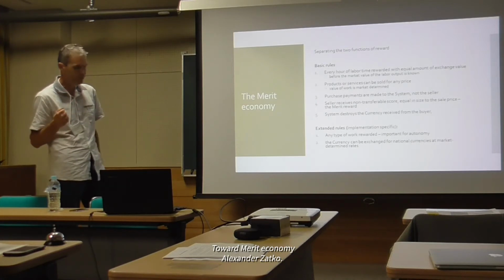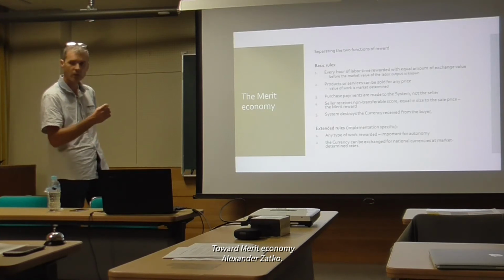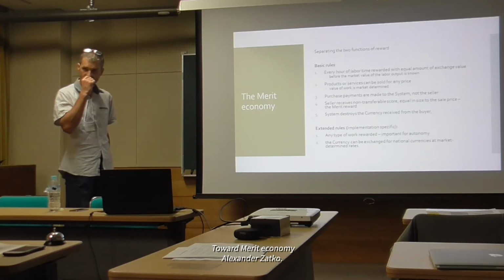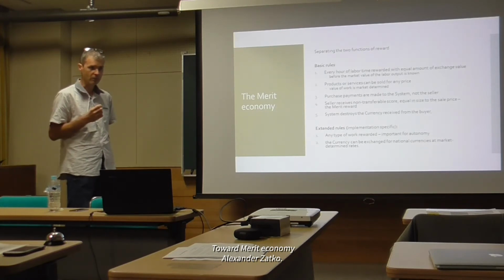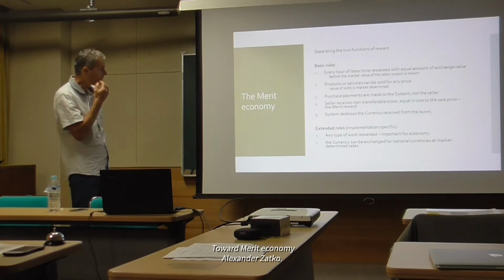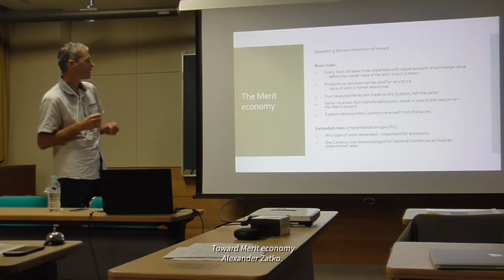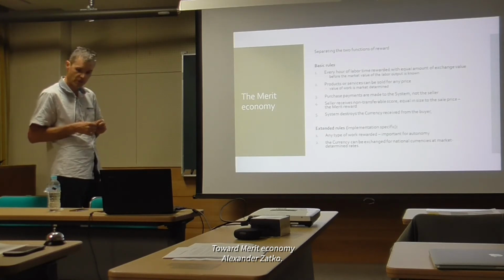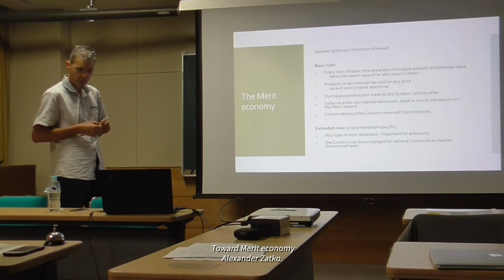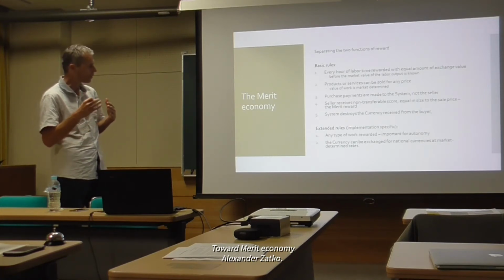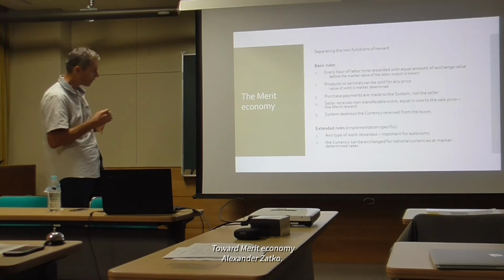It would destroy the currency at that point, but it would reward the worker with the psychologically salient signaling reward, the merit reward. So these are the basic rules which a merit economy would have. And additional rules could be added by particular implementations of merit economy.